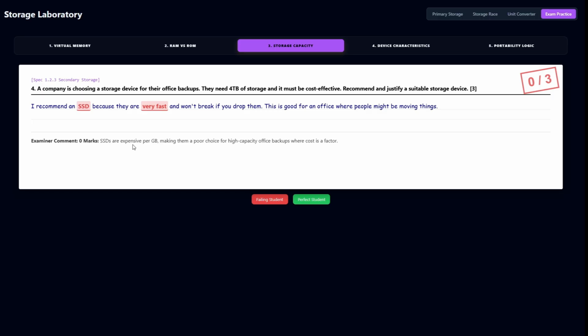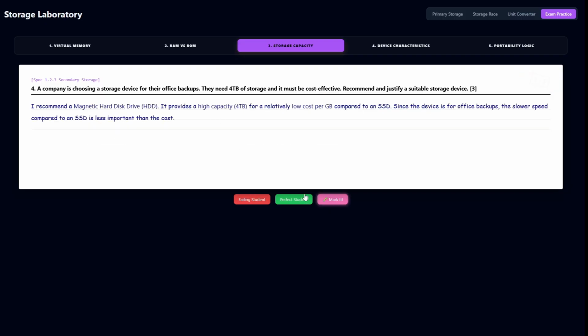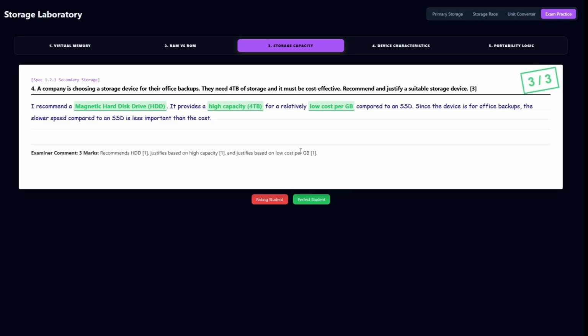SSDs are expensive per GB, making them a poor choice for high capacity office backups where cost is a factor. So "must be cost effective" is in the question, and it's office backups. Let's look at an answer that got 3 out of 3 marks. I recommend a magnetic hard disk drive.